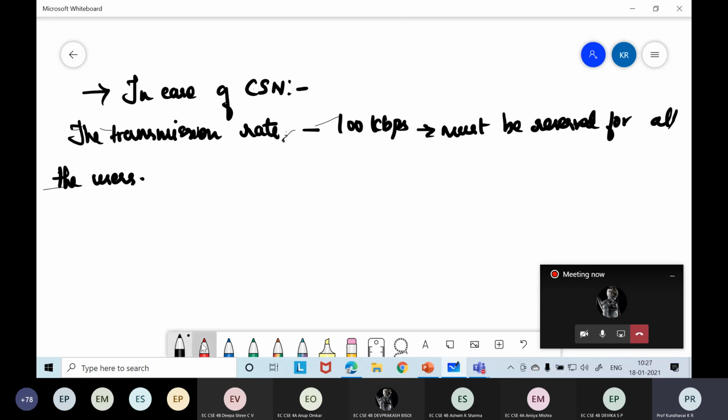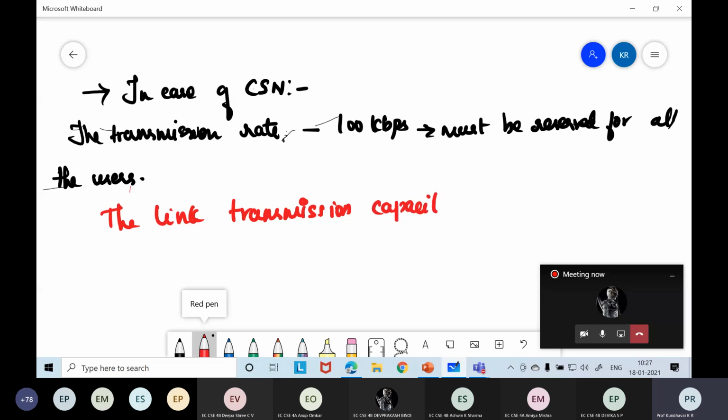So the total link transmission capacity, as per the question, is 1 Mbps.